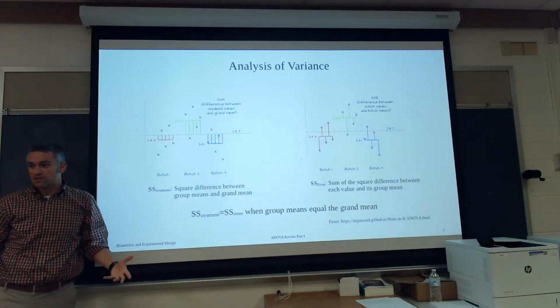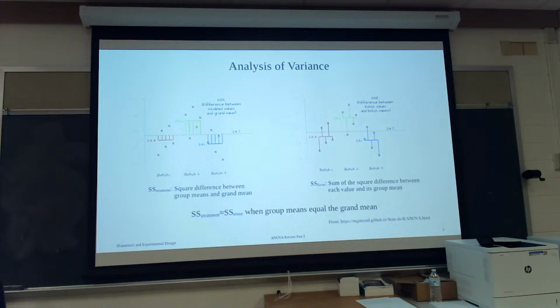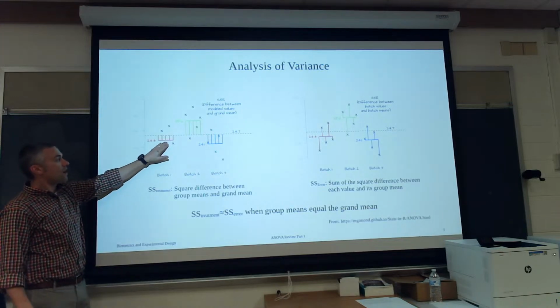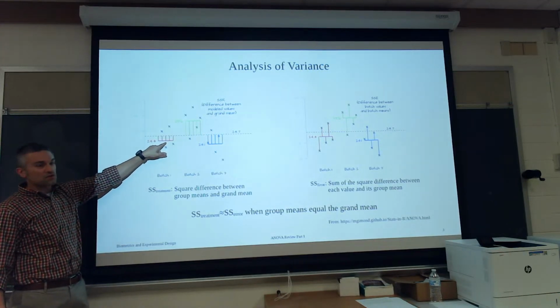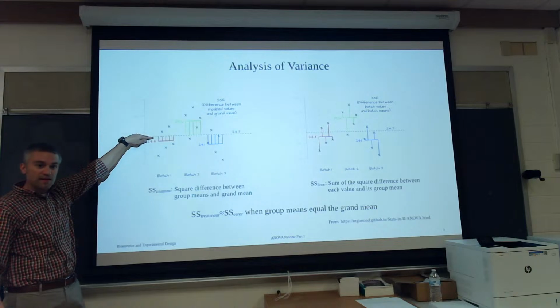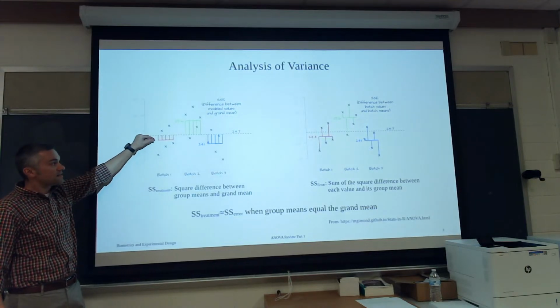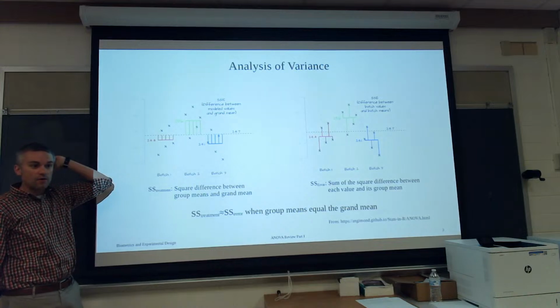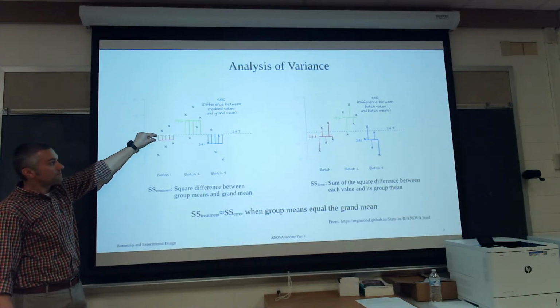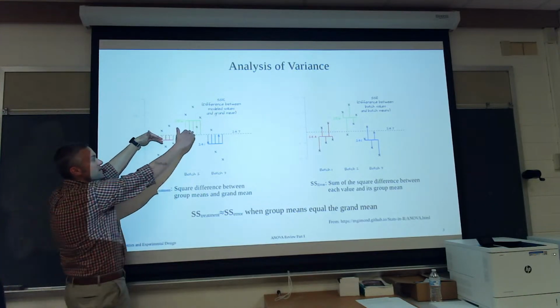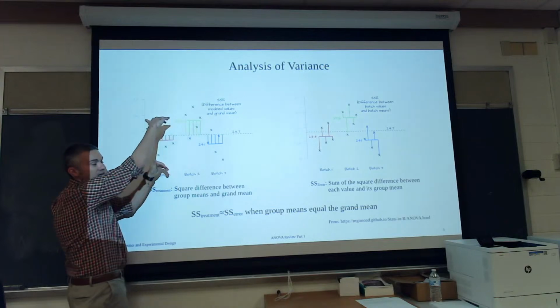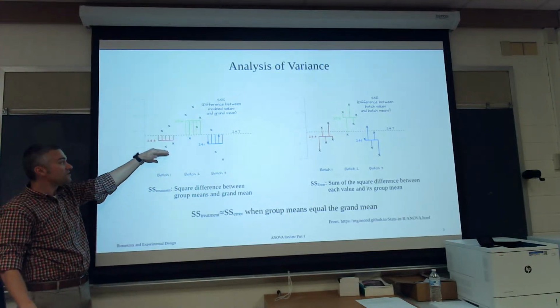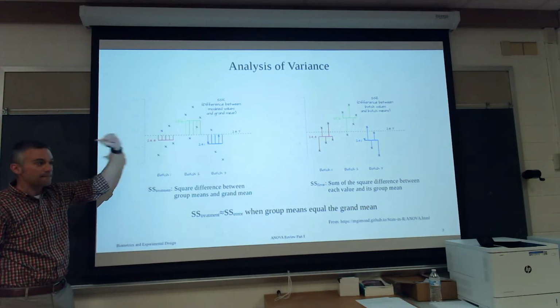Our sums of squares treatment, that signal, is how far away we are for each of these groups compared to that group mean. And it's weighted. It's a weighted mean because we have all these different values inside of our group. All right? So as our means start to differ, we're getting a larger difference. Our means are going to be farther and farther away.